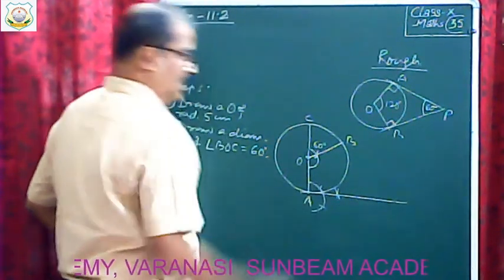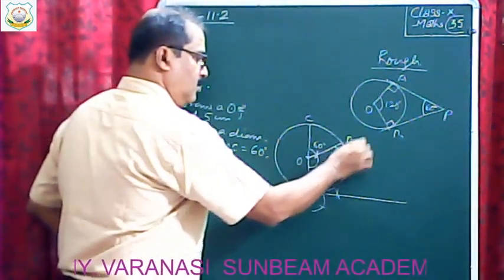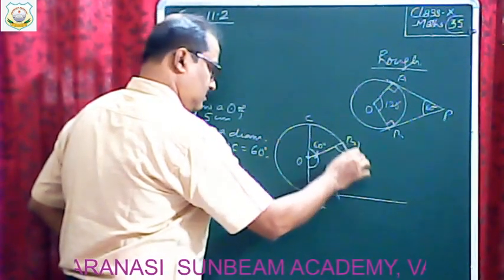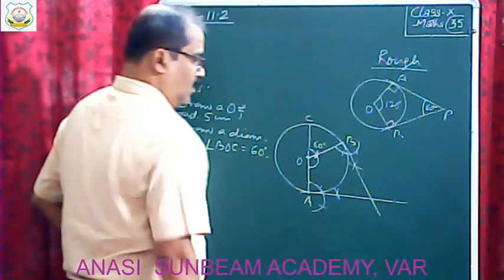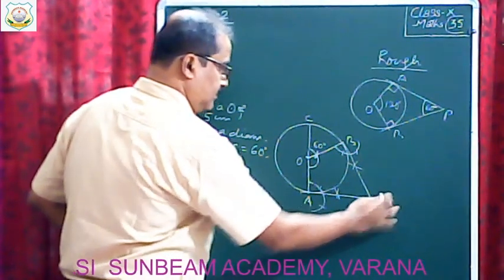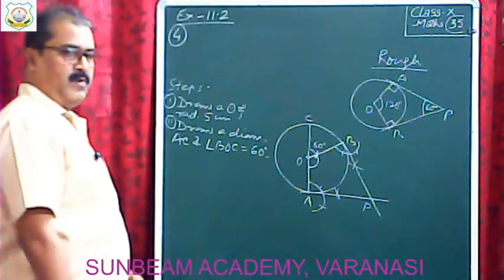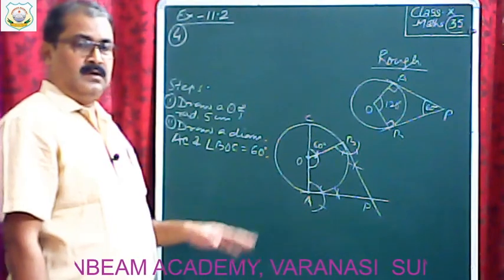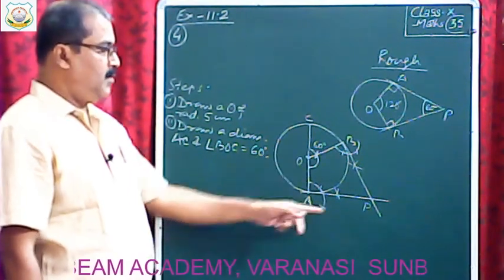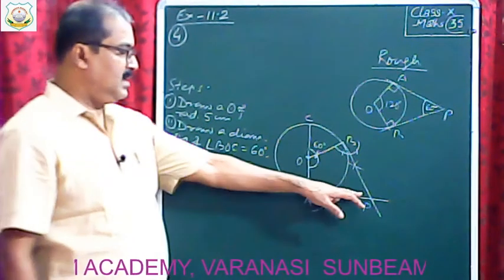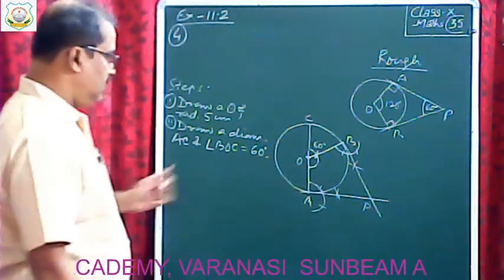One perpendicular. From B also you have to draw a perpendicular. Both the perpendiculars intersect each other at a point P. Then P is the required external point. From that point we have drawn tangents PA and PB, which are inclined to each other at an angle of 60 degree.